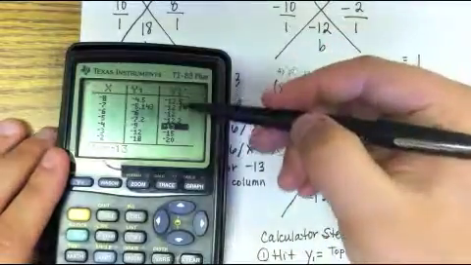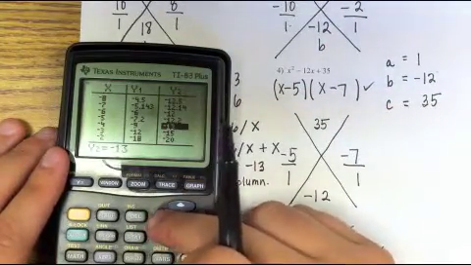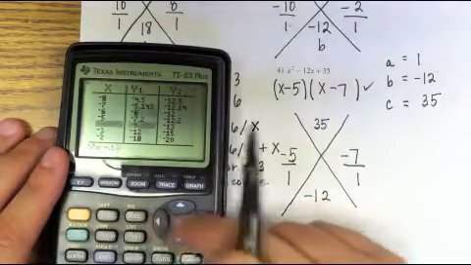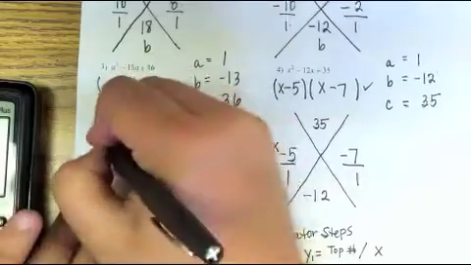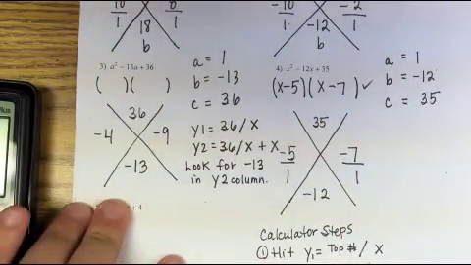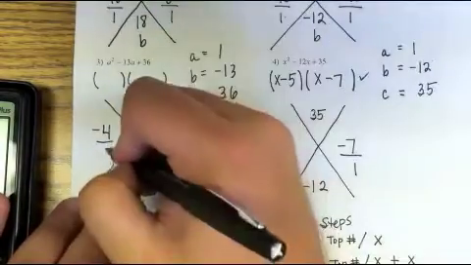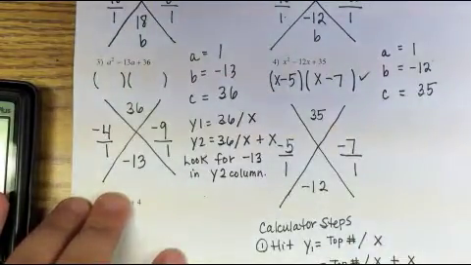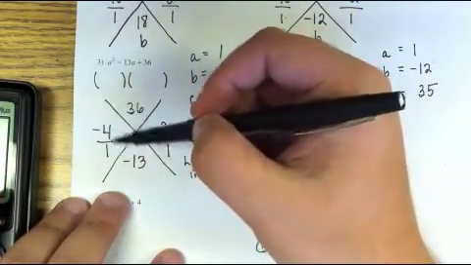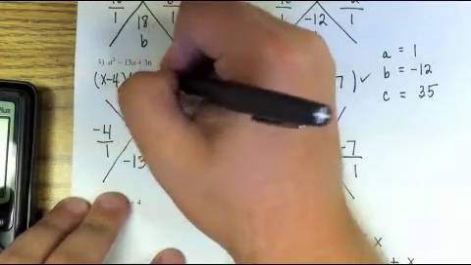Here's the y2 column, here's the negative 13. So the two side numbers are negative 4 and negative 9. Again, negative 4 and negative 9. All right. Very good. Now divide them both by a, which in this lesson is still 1. And then your factors are right in front of you. So you've got 1x minus 4 and 1x minus 9.